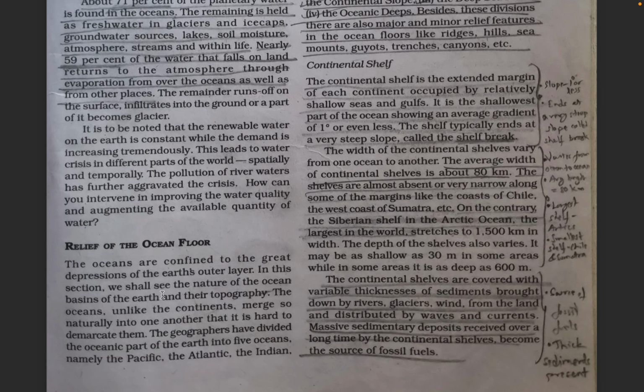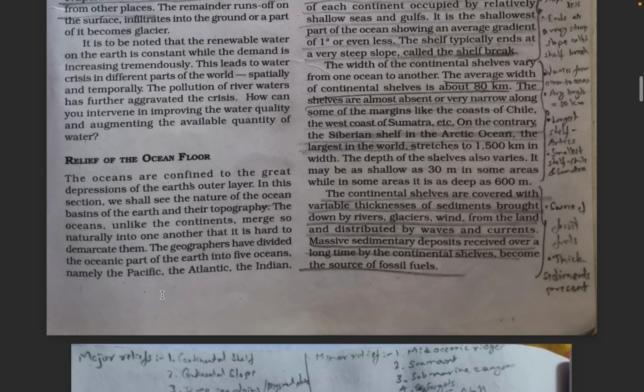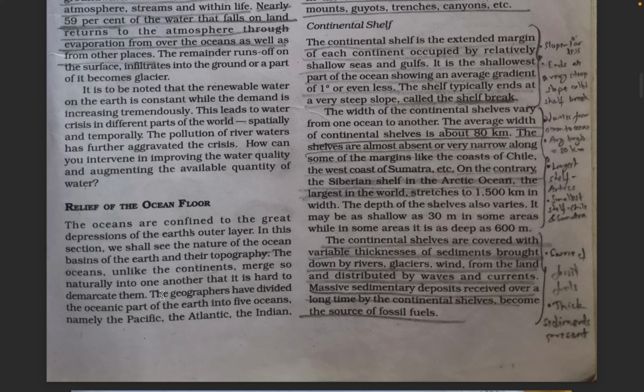So this is a different part. Relief of the oceans. Now coming back to the main topic of the chapter, that is relief of the ocean, the ocean floor.